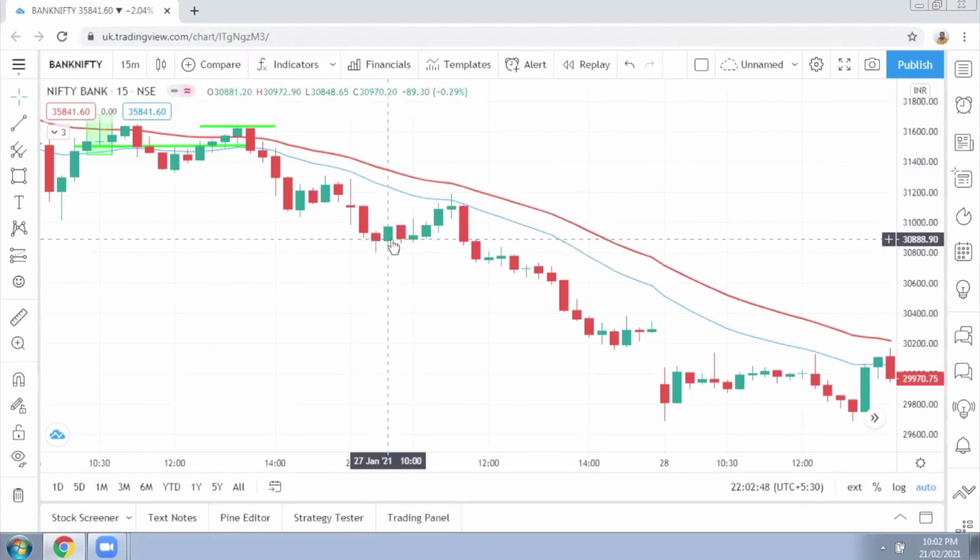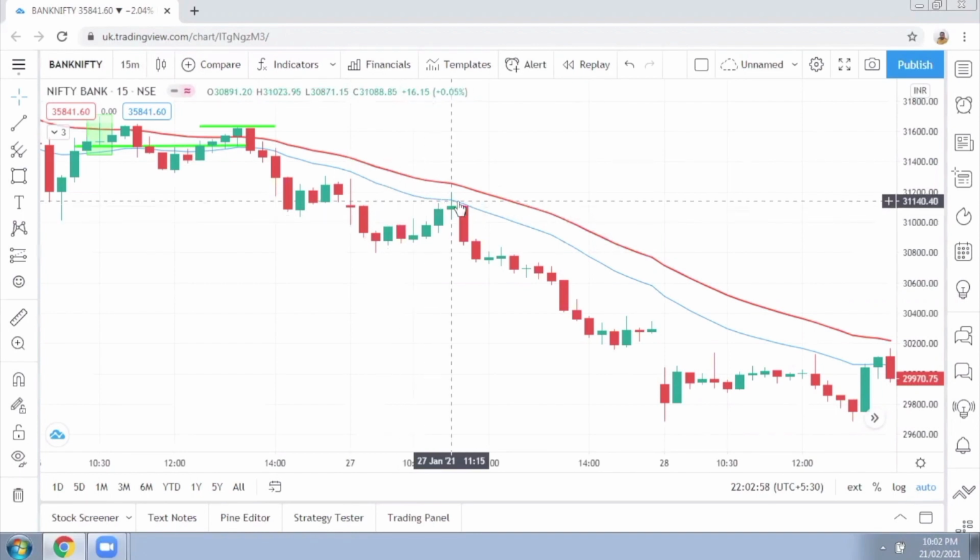What I do is I will book my 80% of the profit with 1 to 2 RR, and the rest I will keep trailing with lower high formation, or if the momentum is very strong, I will keep trailing my stop loss with the high of the previous candle in case I have short sold Bank Nifty.